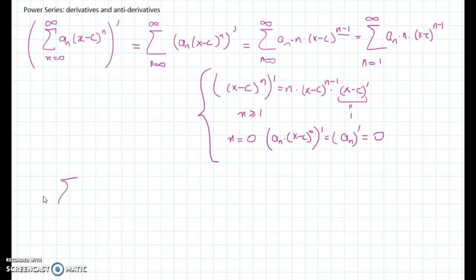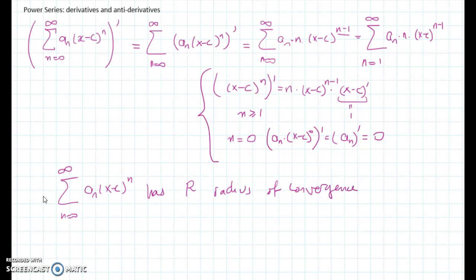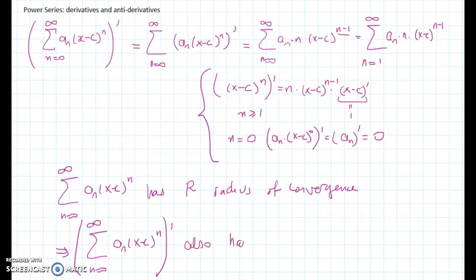So let me write over here, let's say this one, a_n times (x - c) to the power of n, has radius of convergence R. Then the derivative of this, so this one but with a derivative, also has radius of convergence R.